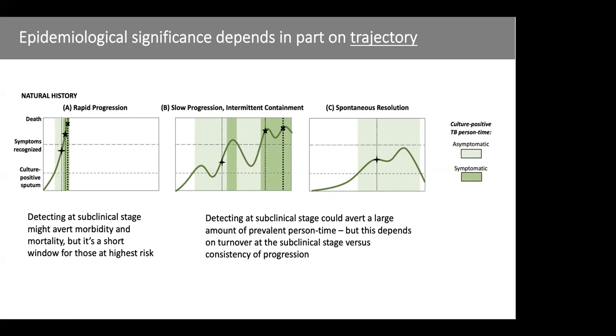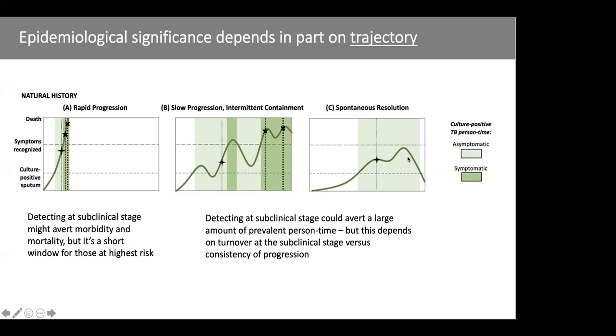Clinically, that would be important and beneficial, although it's a short window to try to detect them. On the other hand, there are people who, if undetected, may live with disease and contribute years of prevalent TB person time before they get diagnosed, if they ever get diagnosed. If you have someone here in the middle who has maybe intermittent symptoms and is eventually going to progress to the point of getting diagnosed, if you could detect this person far over here, then you could avert a large amount of prevalent person time.